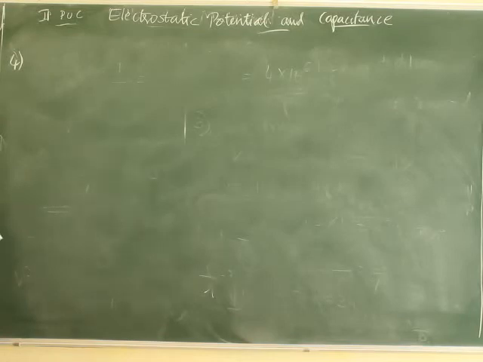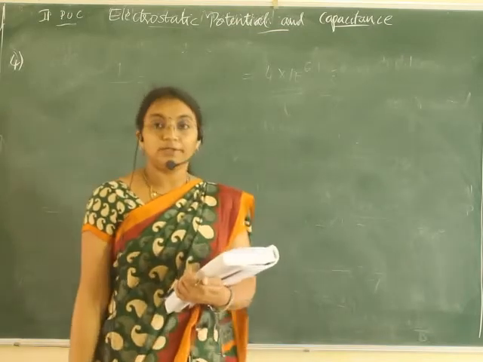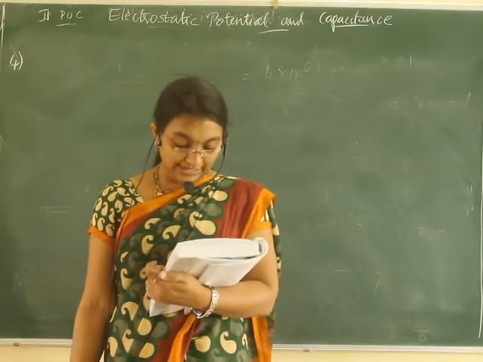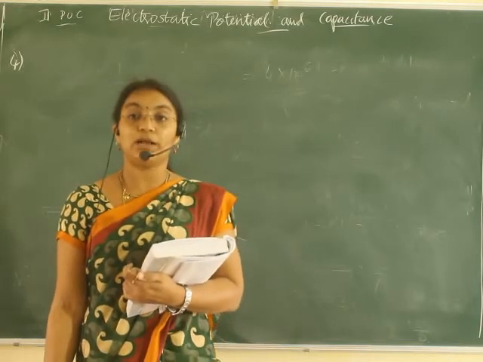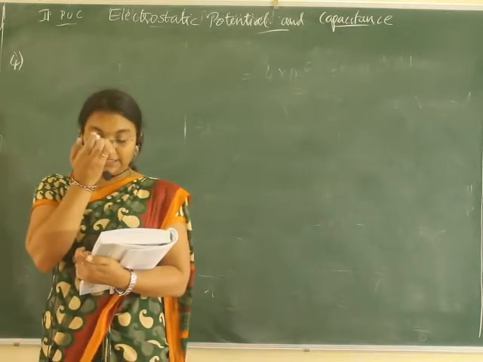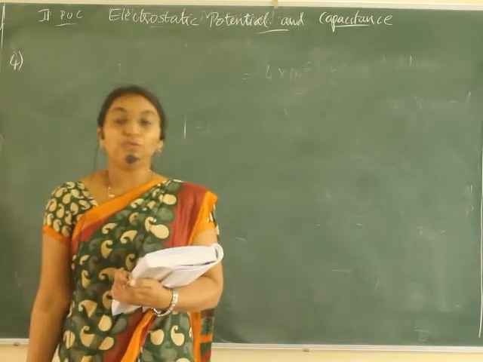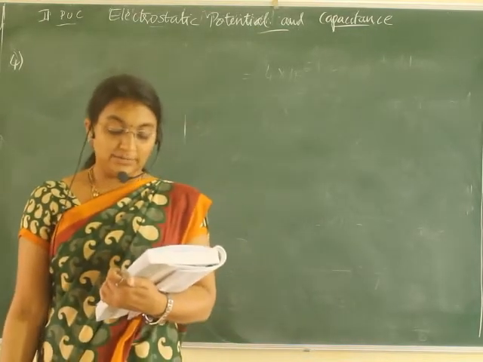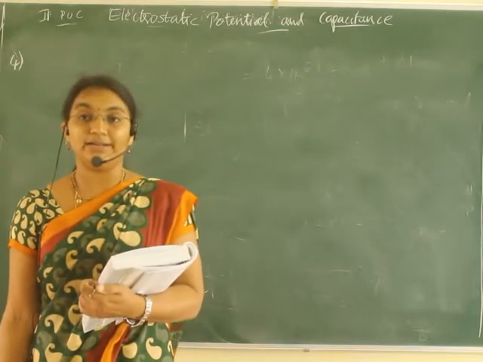A spherical conductor having the potential of 6000 volt when surrounded by an oil of dielectric constant 1.5 and charged with 5 into 10 to the power minus 8 coulomb. Calculate the radius of the spherical conductor.